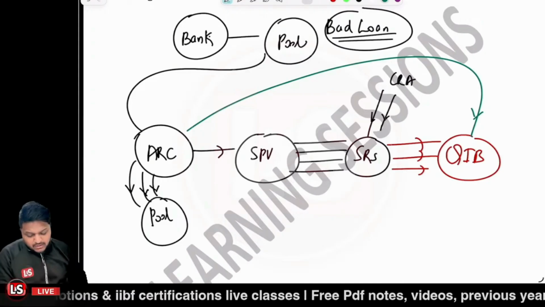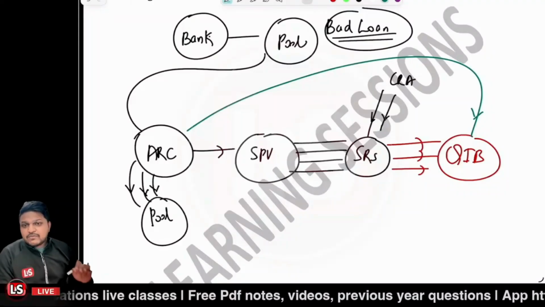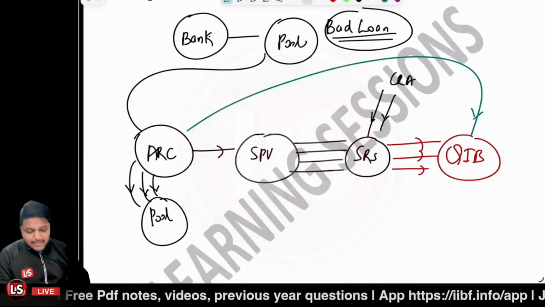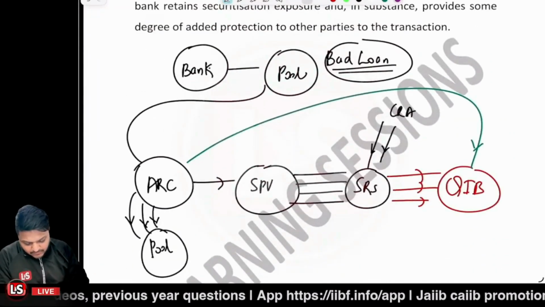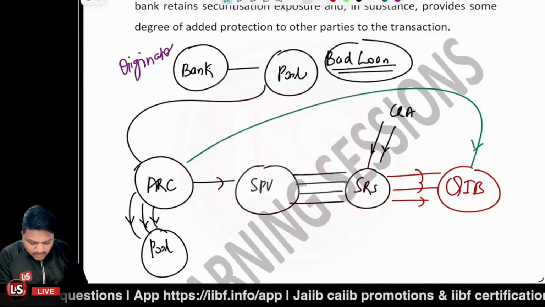And what about synthetic securitization? In the case of synthetic securitization, the underlying asset is going to remain on the balance sheet of the originator only. We say the bank who has given the loan originally is said to be the originator.